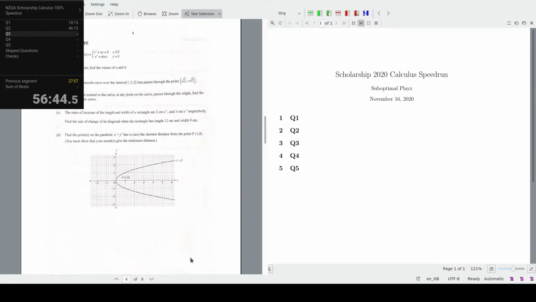Find the points on the parabola that are the shortest distance from the point P(1, 0). This is another optimization question, I see. Okay, so consider a point on the parabola.